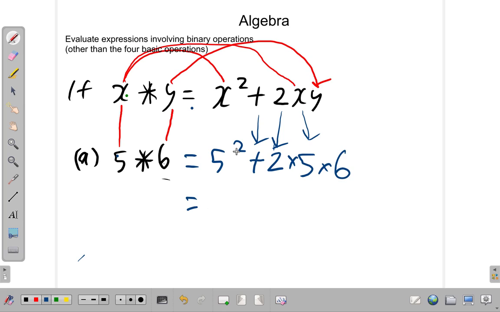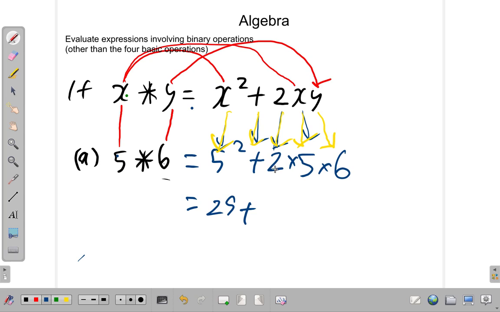So work this out now. 5 squared is 25. So remember, you bring down the x squared part, the plus sign, the 2, the x, and the y. You follow the same pattern as what happens up here. Then you work them out one by one.